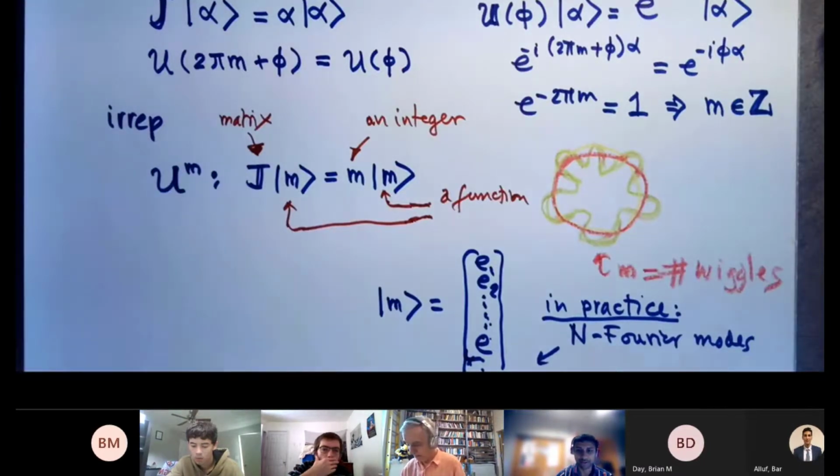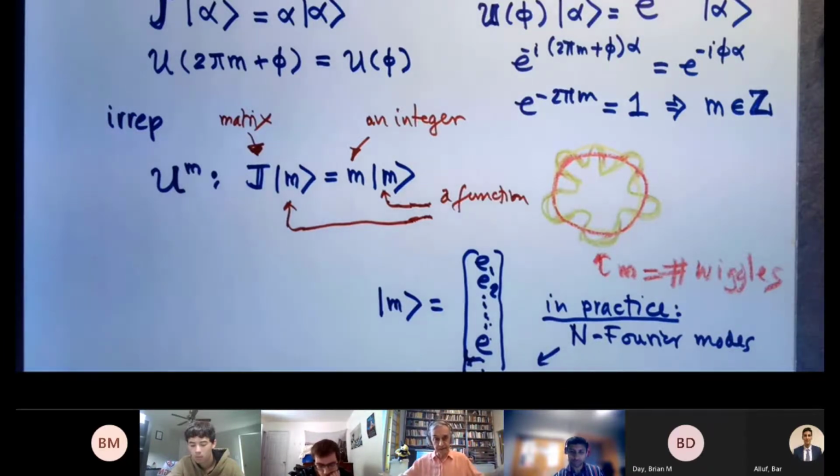The m is an integer, and so the alpha, which is written on the top, is also an integer. We started with a real number because we didn't know. When you start to study non-compact groups, like the translation group on a line, the infinite translation group, then alpha is any real number. It'll turn out to be what we call momentum in many applications.